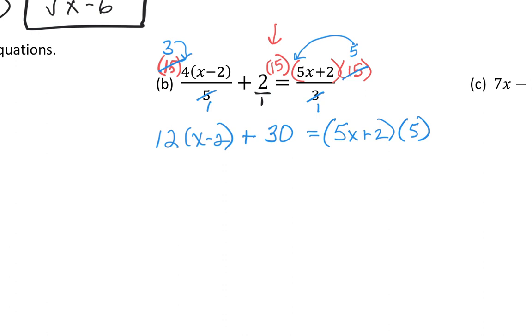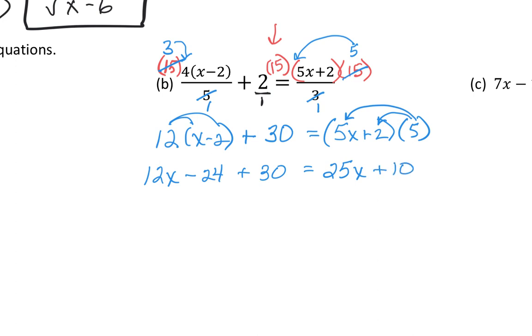So let's keep going. 12 times x. 12 times 2. Same thing here. 5 times 5. And 5 times 2. What do we have? We have 12x. Negative 24 plus 30 is plus 6.